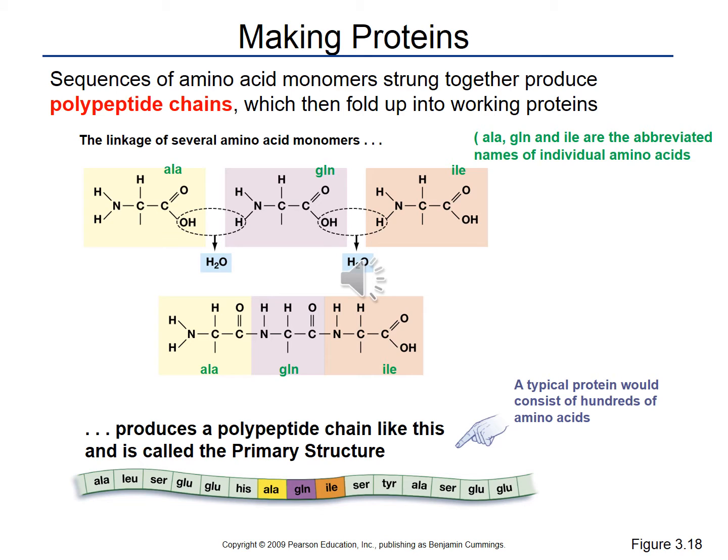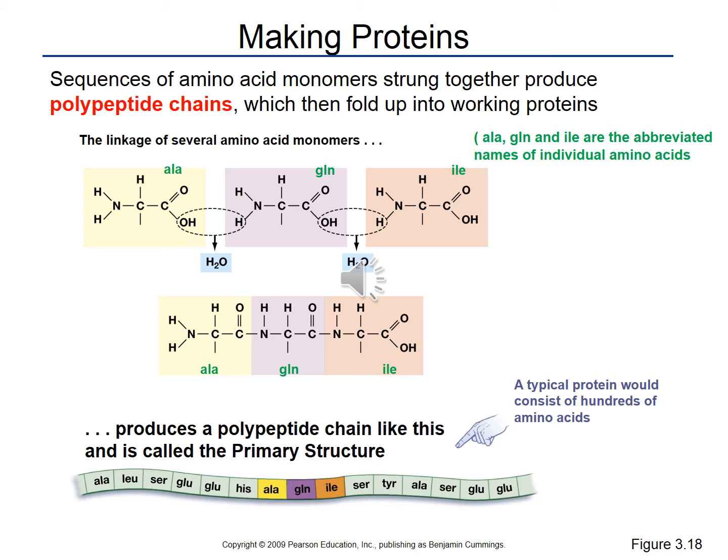The bond that joins each amino acid occurs when water is removed. So when you look at this diagram, you've got the one amino acid on the left-hand side with the hydroxyl group that then binds with the hydrogen of the amino acid that is in the middle. Water comes off, those two bind together.